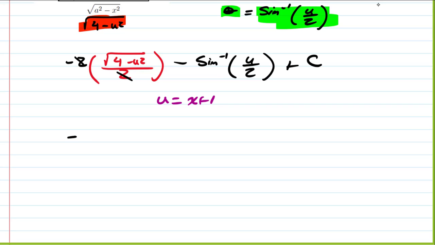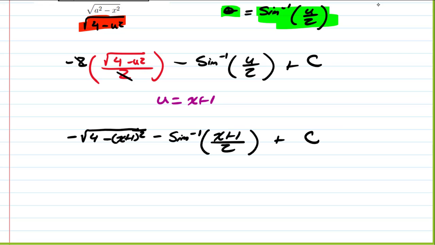So that gives us the negative square root of 4 minus, and our u is x plus 1 squared, minus the inverse sine of u over 2, and u is x plus 1 over 2 plus c. So that's our antiderivative of that original integral.